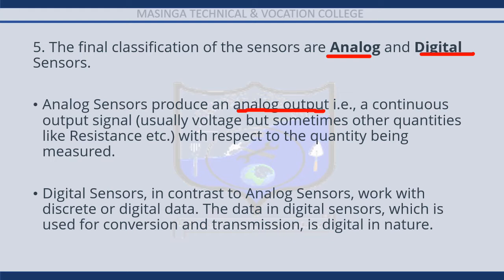An example of an analog sensor is a temperature sensor. This is a sensor which will be able to measure the change in the temperature continuously depending on the environment. For example, if you're boiling water, the temperature of the water is likely to change continuously. Digital sensors deal in data that is in 0 and 1 form.